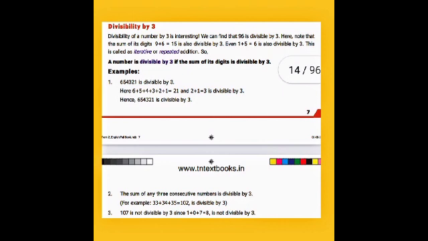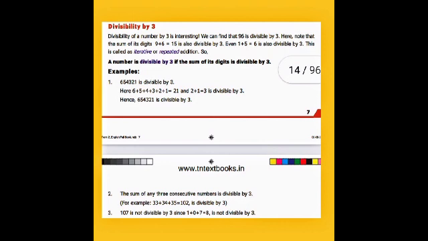Is 96 divisible by 3? Yes, how to find that? We should add the digits. What are the digits we have? 9 and 6. If we add 9 and 6, we get 15. 15 comes in the 3 table and it is divisible by 3. Therefore, the number 96 is divisible by 3.